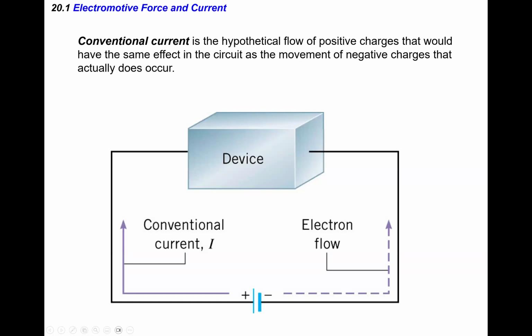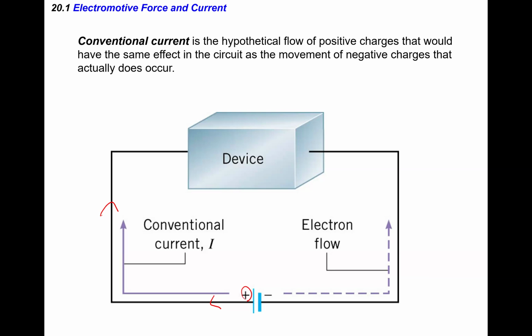So in real life, because positive charges cannot move, only electrons can flow. So this is how the electron moves. But for conventional current, we usually go from positive to negative. So that's why we assume positive charges would flow, and then you can label your current this way. Okay, so go from the positive to the negative.